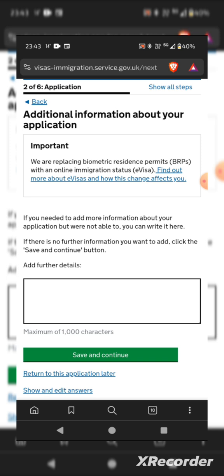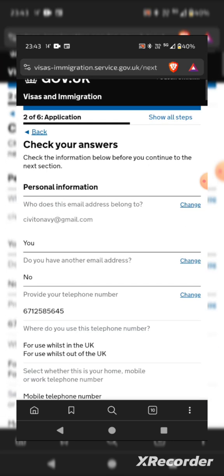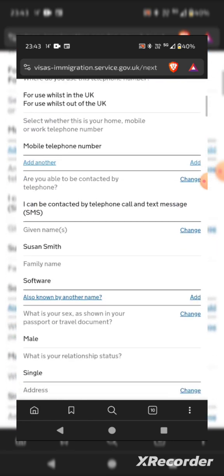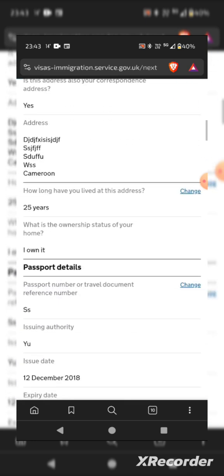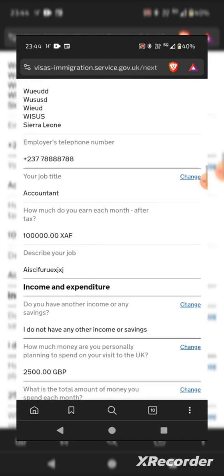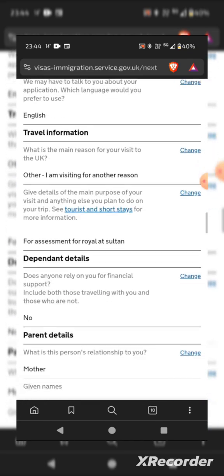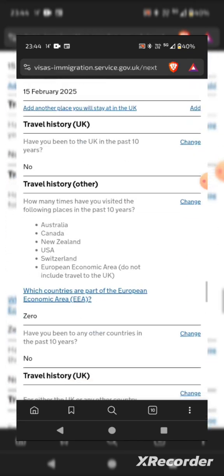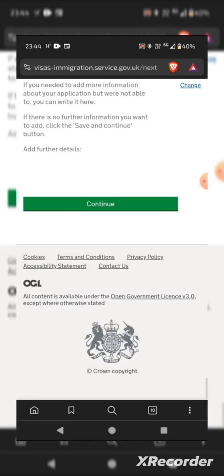Anything you feel needs to be clarified in your visa application, make sure you write it here and then save and continue. So in summary, this will be your visa application. You can check the things you have written, you can edit them. So this is the whole application.